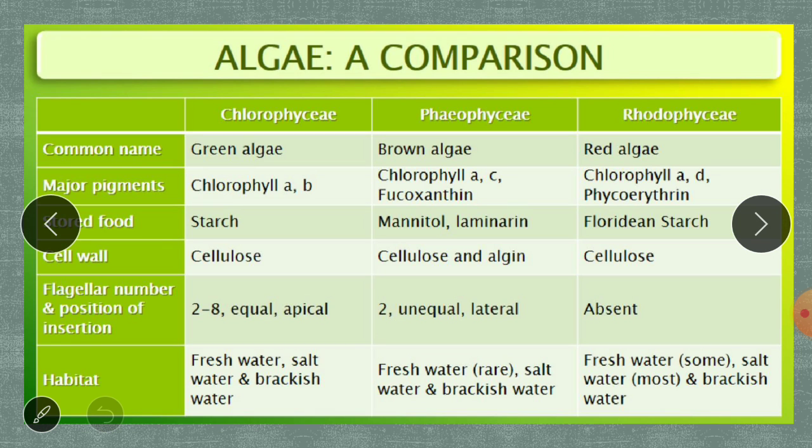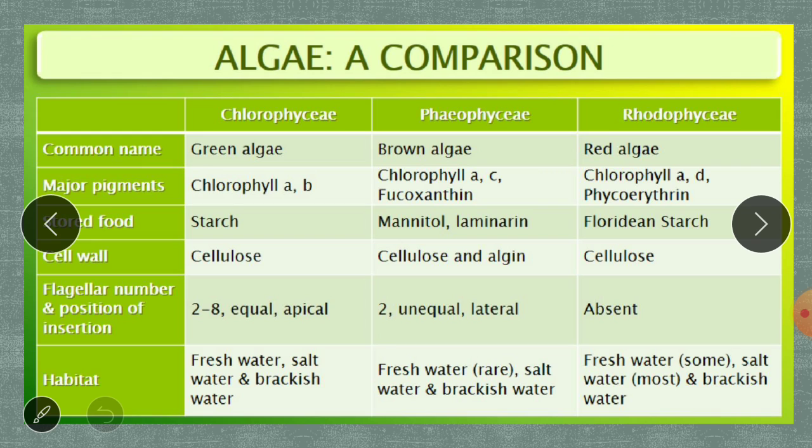Now here this is going to be important, a comparison between the three types of algae, that is the Chlorophyceae, Phaeophyceae and the Rhodophyceae. We have just now seen the different characters of them.